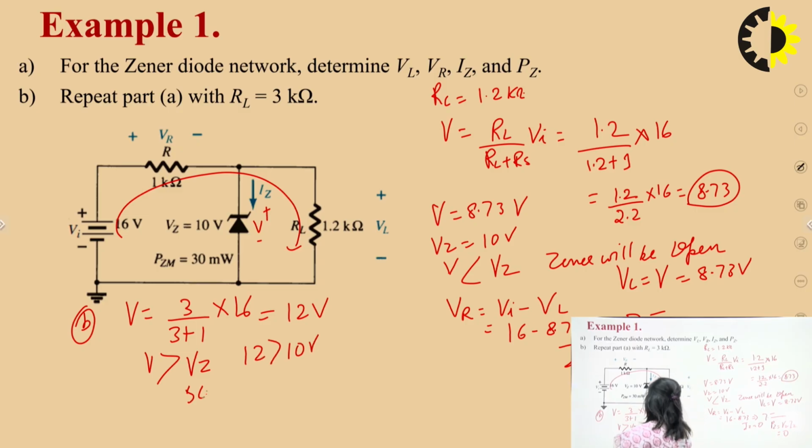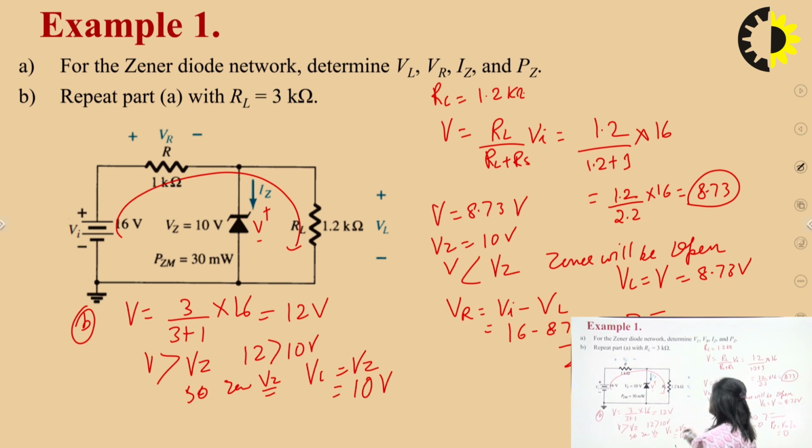So the Zener will be replaced with the VZ potential, and VL would be equal to VZ. So the output would be 10 volt. Now we can find the value of VR, that is equal to Vi minus VL, 16 minus 10, 6 volt.